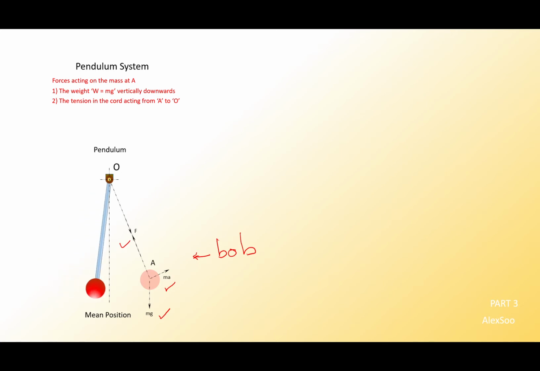Two, you have the tension in the cord, stated here as F, or you can put it as T. And then the third one is the inertial force, M times A, where M is the mass of the bob and A is the acceleration of the mass.